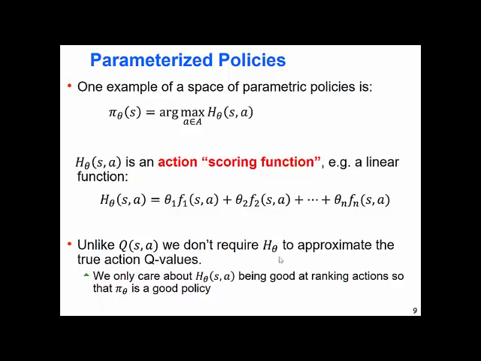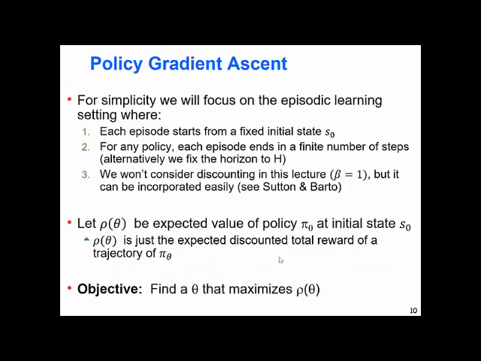All we want is, to be effective, to be able to rank actions according to their goodness, right? So as long as it gets the ranking right, we don't care if it gets the precise values right. So that gives us some flexibility. It is sort of less constrained than if we're trying to learn a Q function. That can be good or bad, as we'll see.